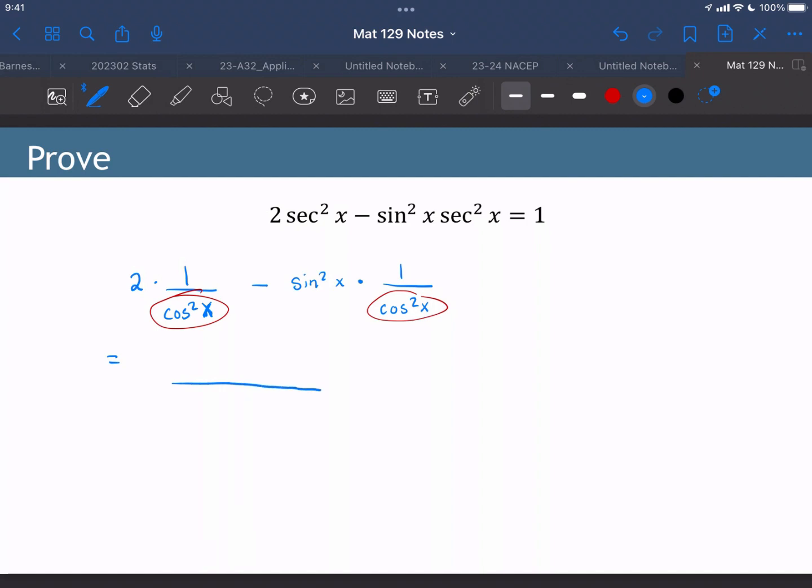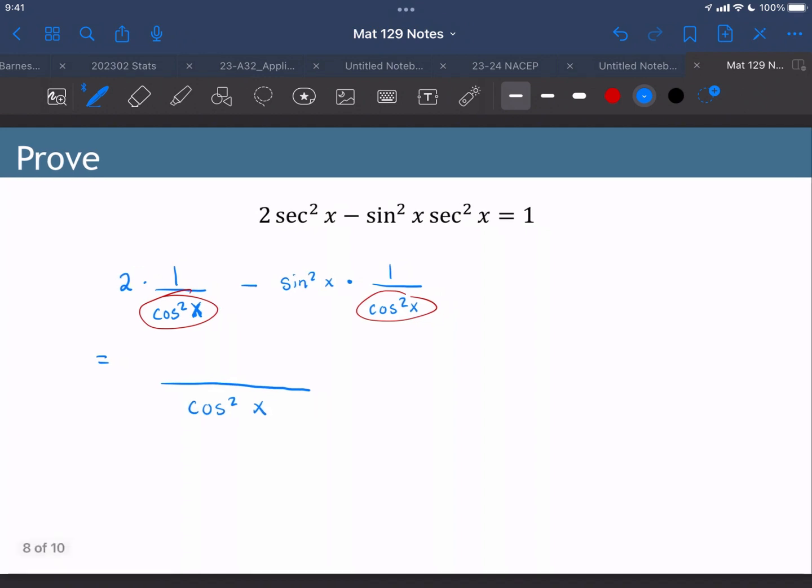All of it is over cosine squared x, that's the common denominator, and up top, I'm going to have 2 minus sine squared x. Interesting. I have not worked these out ahead of time, so I'm just flying blind here, trying to give you the authentic experience.